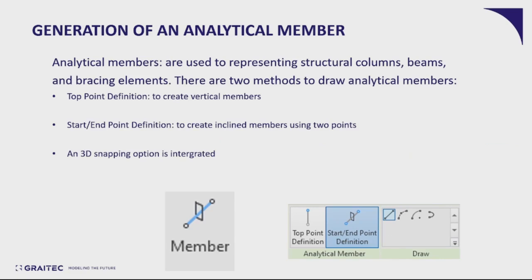So selecting all those options that exist in Revit, you can create an analytical member using the start-end point definition or the top point definition. And then you can use the different geometrical features such as the line, the arc, or the circle to draw this element.